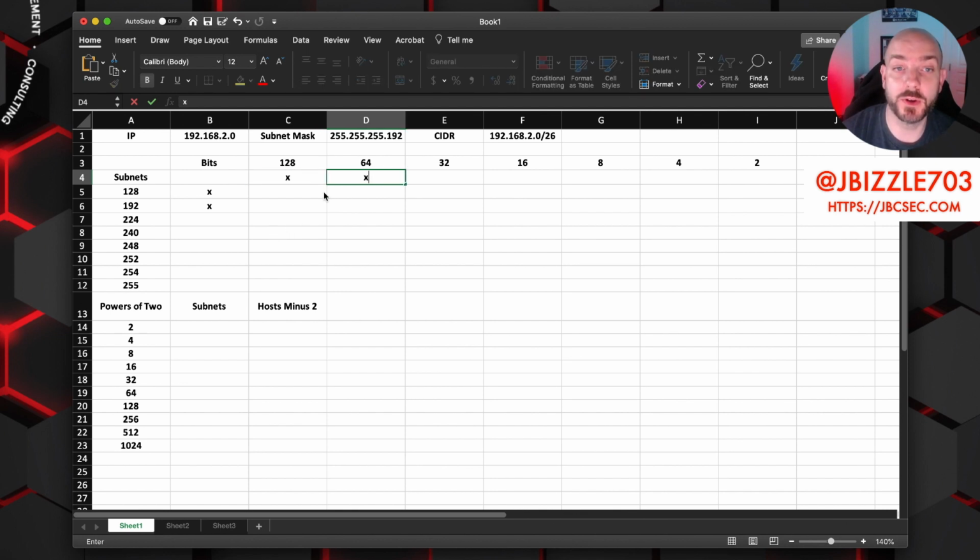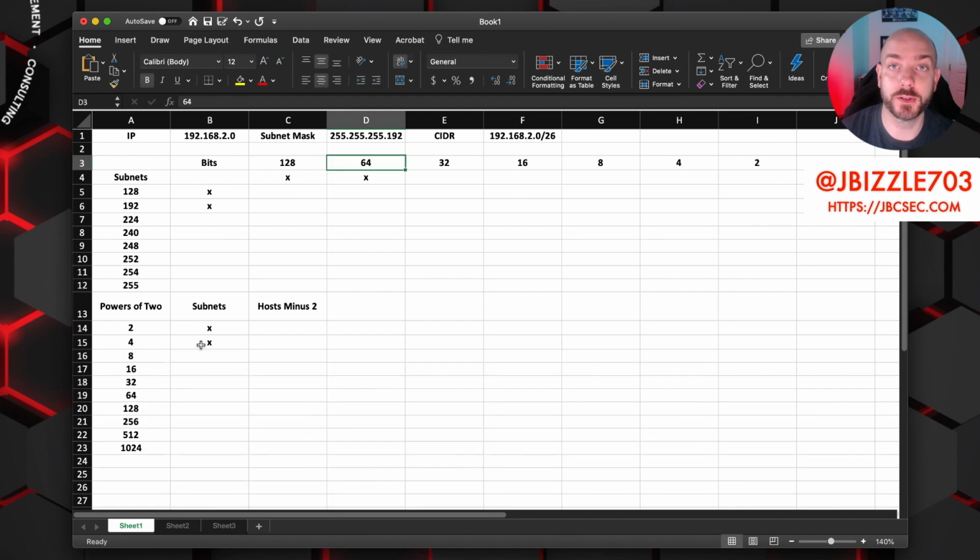Now, right away, what this has done is this will show us that for a subnet that's .192, the amount of bits that are within that particular subnet is 64, which means 64 IP addresses. Okay, so what we're also going to do is, since we used and marked this twice under the subnets and under the bits, we're going to go down here to our powers of 2 section, and we're going to mark this as 2.